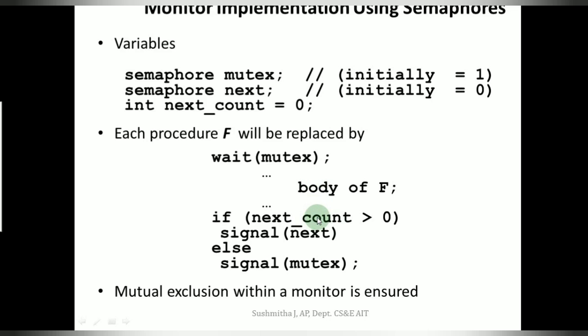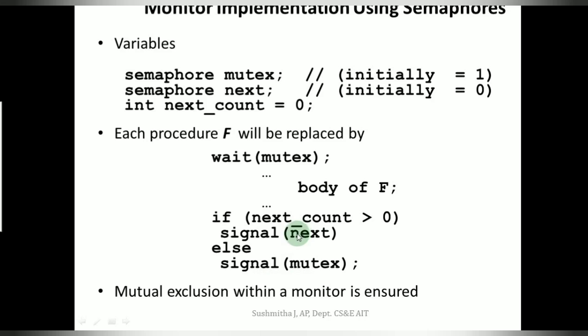Here the next count will count the number of processes that are suspended. So if there is any process that is suspended, we signal that the process has to wait, else we would just run a signal mutex, allowing that we have run the wait mutex here, so that signal mutex is placed here.